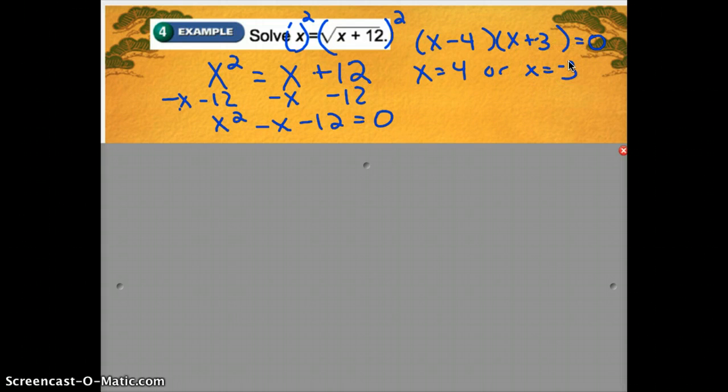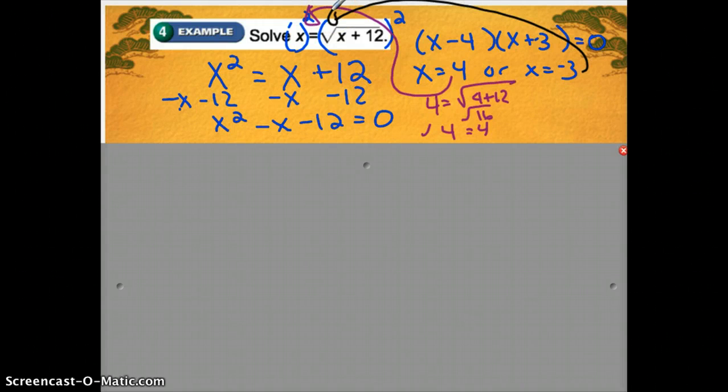Okay, so now is where I'm going to come in and check my solutions. So I'm going to check for 4. Does 4 equal the square root of 4 plus 12? Well, the square root of 4 plus 12, that's the square root of 16, is 4. So yes, that seems to check. If I try the next one, I've got negative 3 is what I'm plugging in. So I have negative 3 equals the square root of negative 3 plus 12.